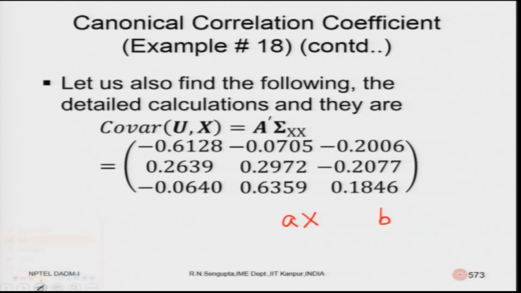Let me use the other color, b and y. So, the first case would be the covariances happening between a and x. So, this is what we need to do.